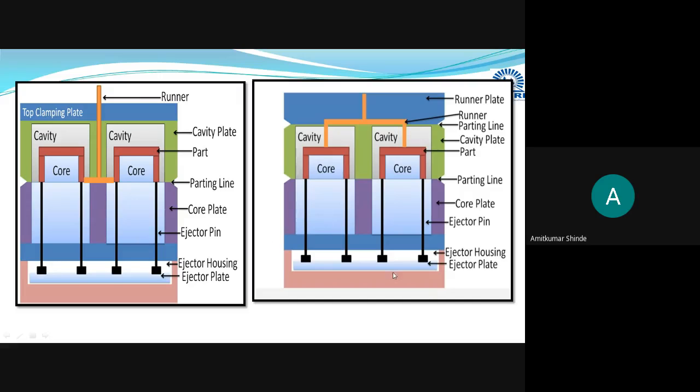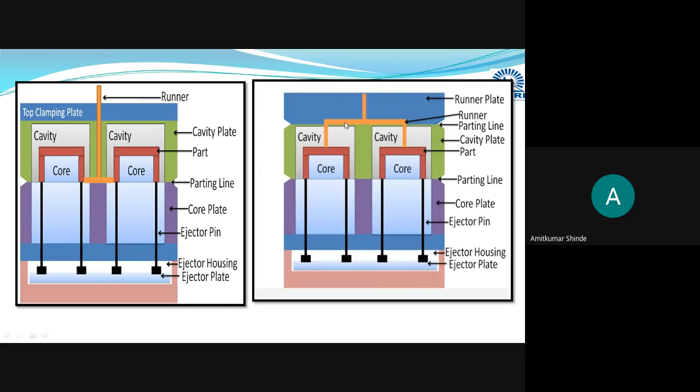The bottom part consists of ejector pins, ejector plates, and core plates. The middle portion consists of the cavity and the core, and in the top part, the runner arrangement will be there.